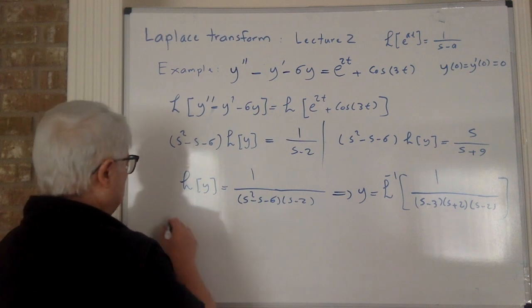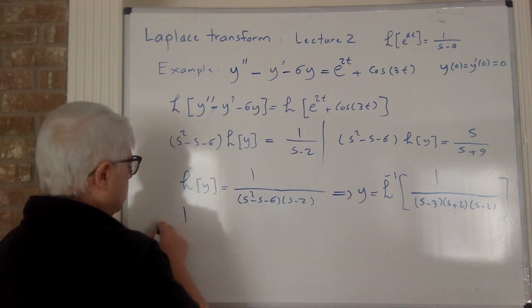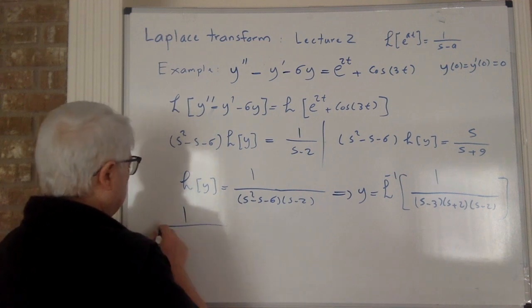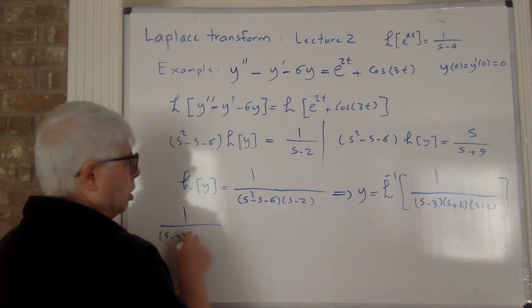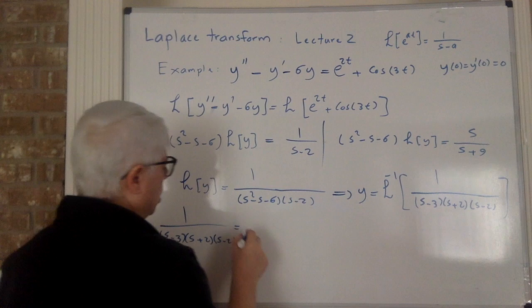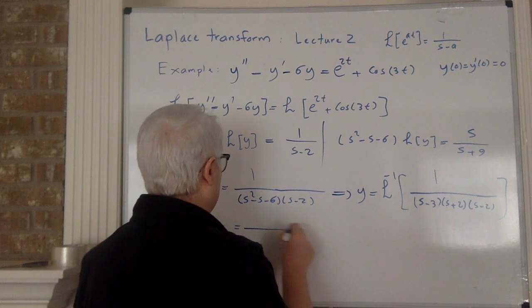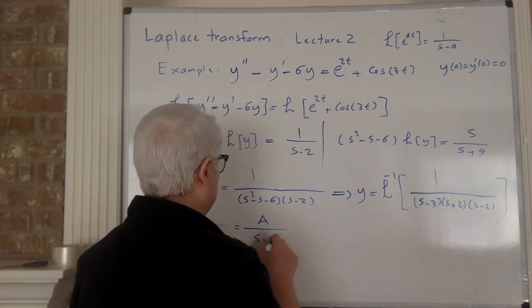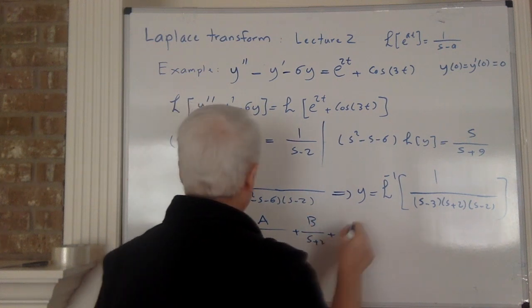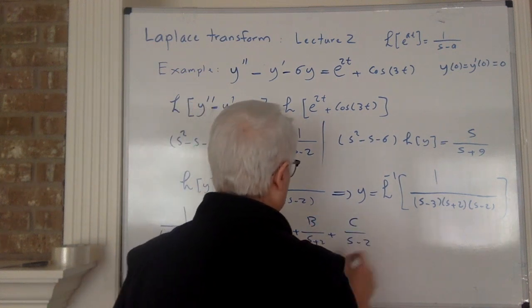so I have to do the partial fraction, 1 over, let me write it, (s plus 2)(s minus 3)(s minus 2) equals a over s minus 3, b over s plus 2, c over s minus 2.